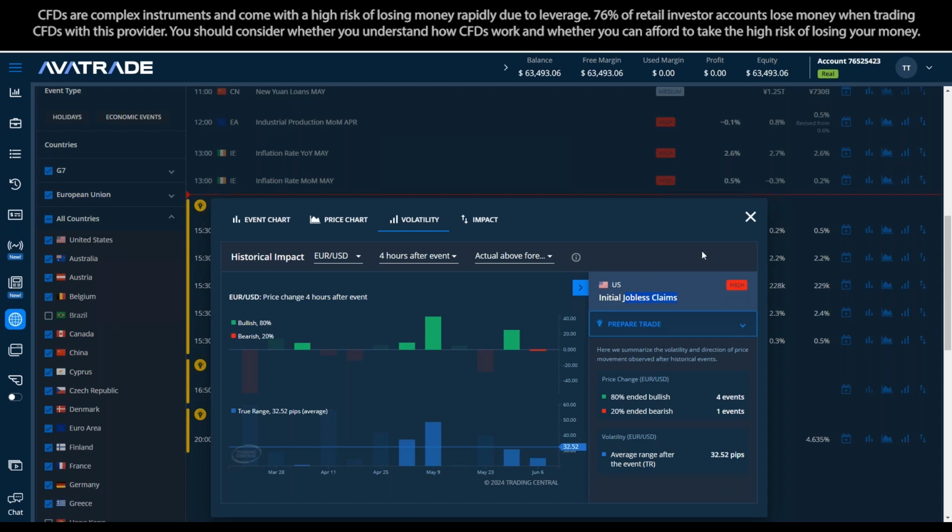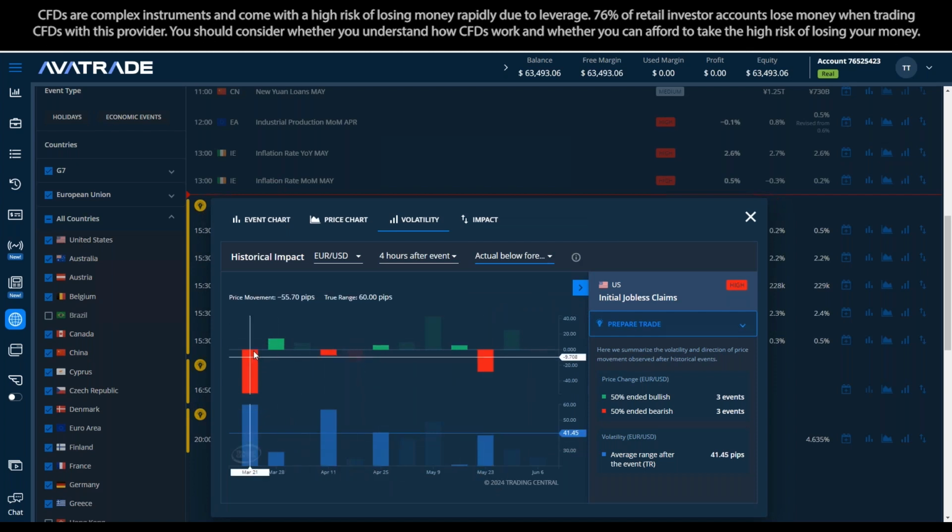Good question. Now, we can change the direction on this. What if this comes in below forecast, meaning better than expected, less jobless claims than expected? You see the opposite result. There's more red going down and less green going up. Now it's 50-50 in terms of 3 of them went up and 3 went down, but look at the size of the drops compared to the size of the rise.